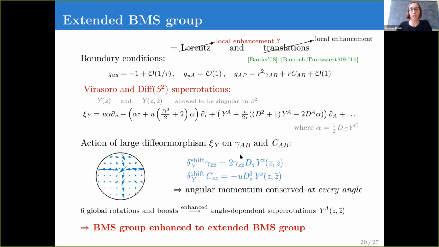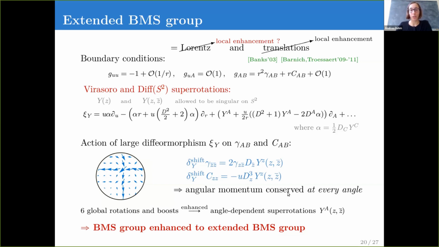So physically what this means is that the global rotations and boosts now get enhanced to angle-dependent superrotations, which are characterized by this vector field Y. If this vector field is holomorphic, then this diffeomorphism xi gives rise to a Virasoro superrotation symmetry, while if Y is an arbitrary vector field on the angles, it gives rise to a more general diffeomorphism symmetry.